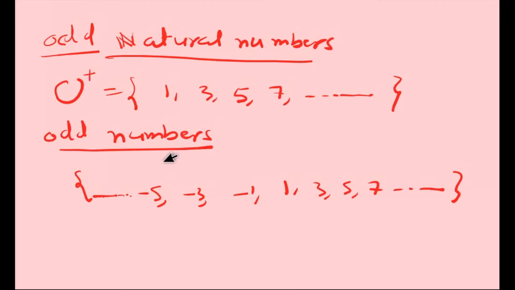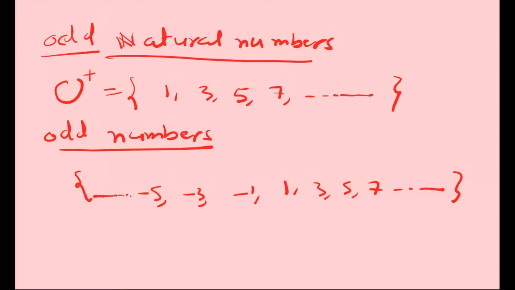So in objective questions you should be careful about what is being asked, odd numbers or odd natural numbers. When the question is asked in objective questions, you have to check the list.